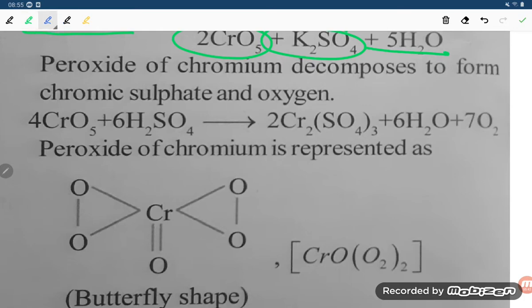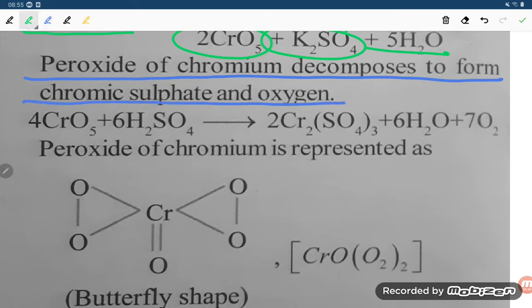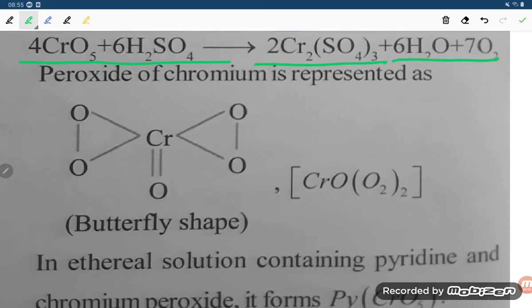Point C: the peroxide of chromium decomposes to form chromic sulfate and oxygen. CrO5 with H2SO4 gives Cr2(SO4)3, chromium sulfate, water and dioxygen.